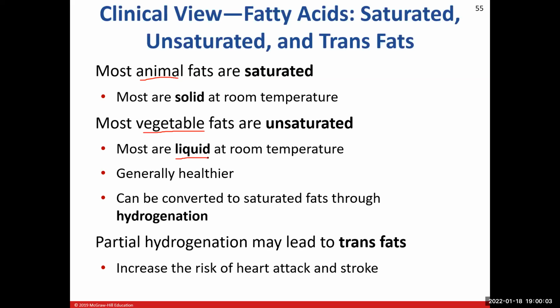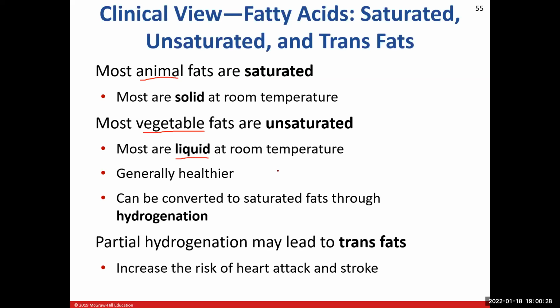So basically, when you talk about fat, for the most part, a fat is going to be something that's solid, and an oil, which is still a fat, is going to be something that's liquid. To make it generally simpler: fat is solid at room temperature, oil is liquid at room temperature. Obviously, the unsaturated fats are going to be healthier.